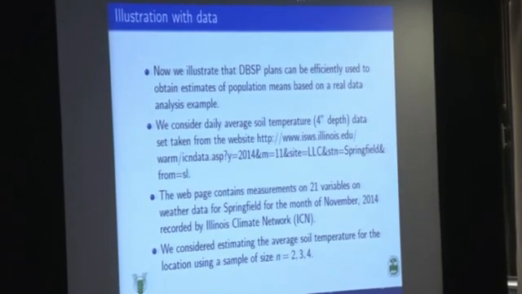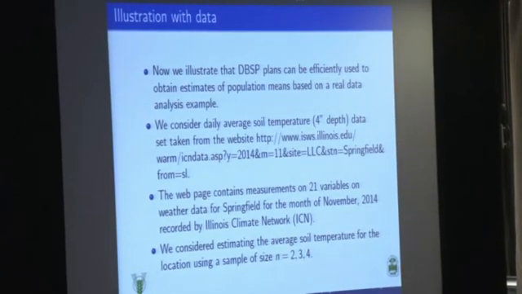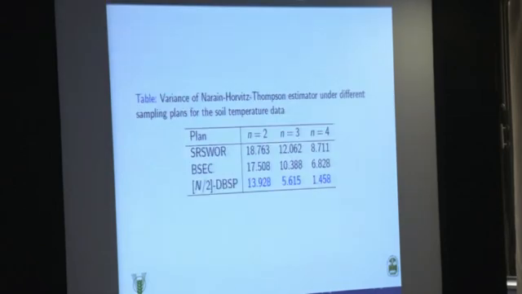We considered the estimation of a monthly average temperature by taking a sample of only 2, 3, or 4 days of measurement, instead of taking all 30 days of measurement. Under this, we have 3 sampling plans: simple random sampling, balanced sampling plan excluding contiguous units, and the DBSP plan.